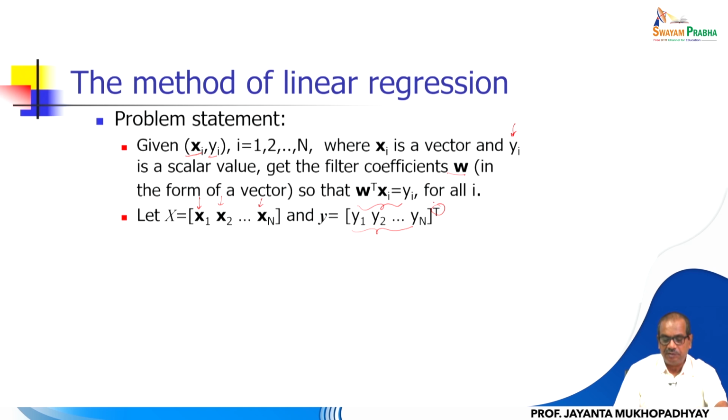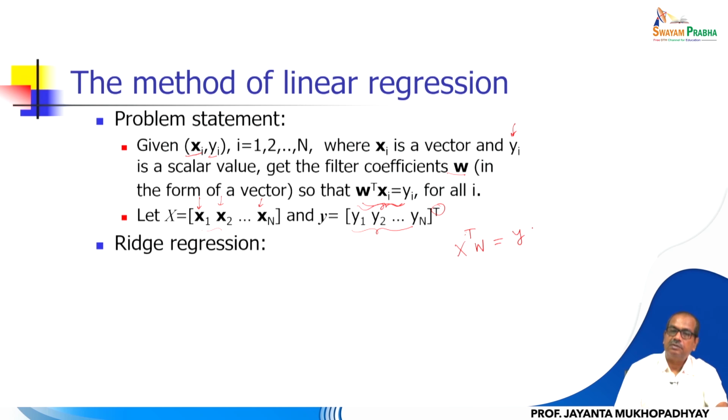This equation can be expressed as a matrix multiplication, as a set of equations. Because these are column vectors, I should write x transpose w equals y.